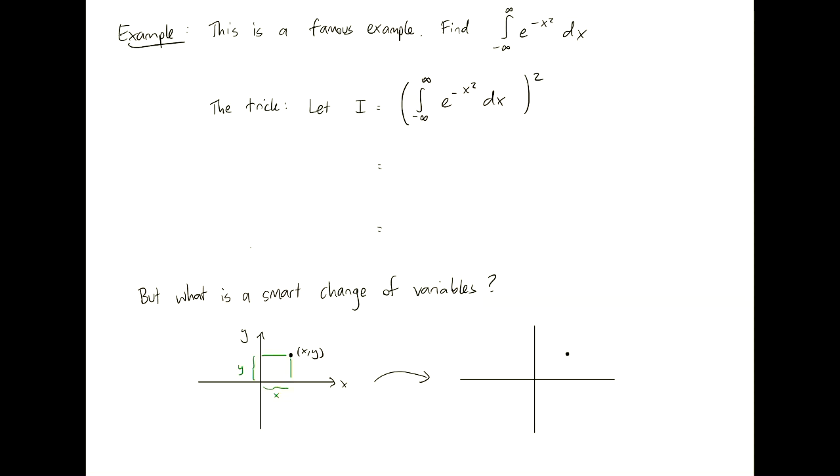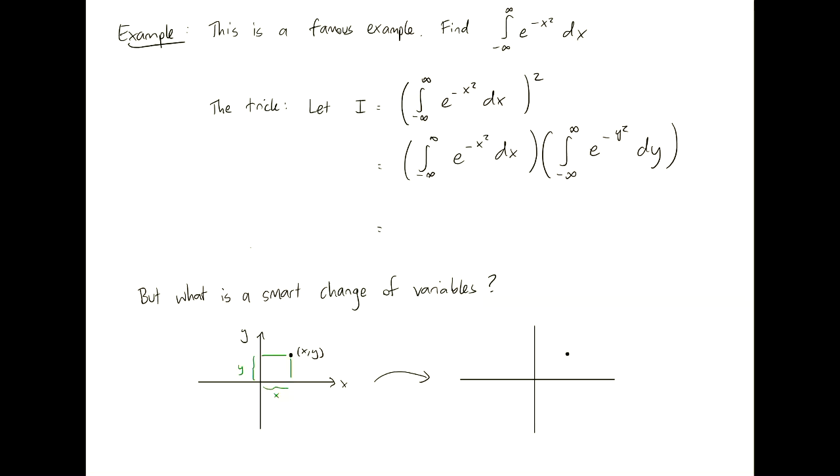Okay. So expanding that out, I'm going to write that as the integral from minus infinity to infinity of e to the minus x squared dx times the integral from minus infinity to infinity of e to the minus y squared dy. And then I'm going to do what I can do with multiple integrals. And remember that this is a constant with respect to x, and this is a constant with respect to y. So I can actually lump those things together.